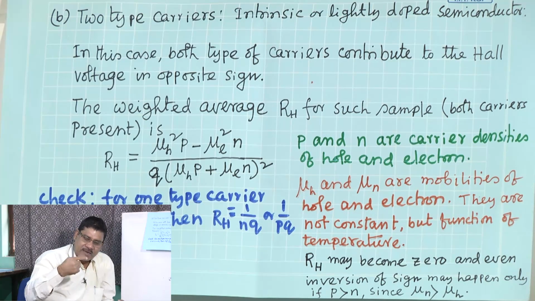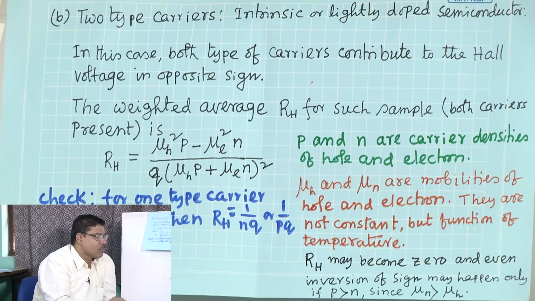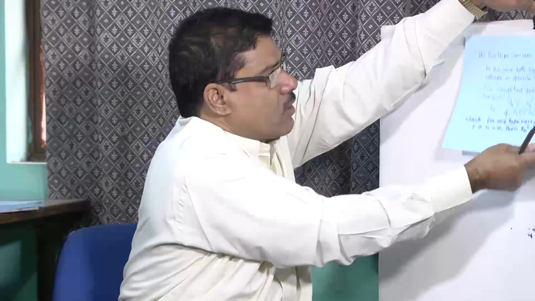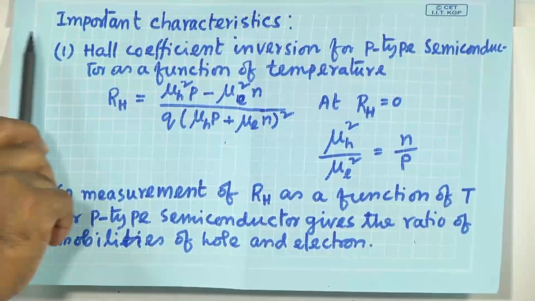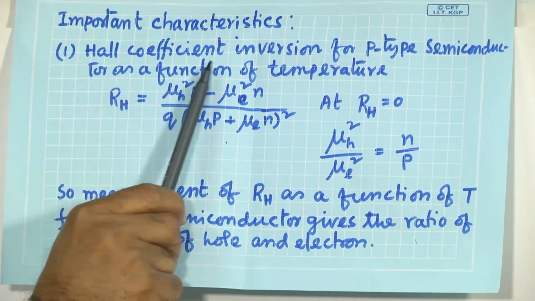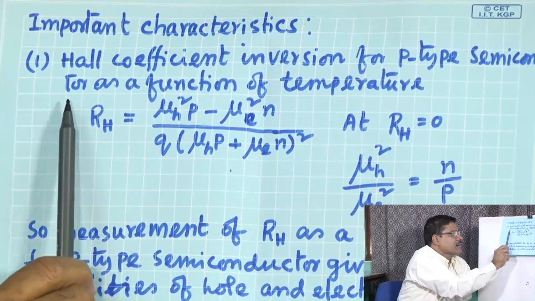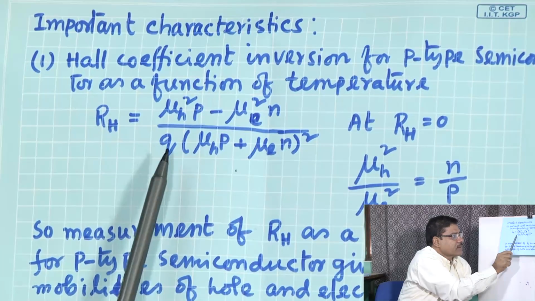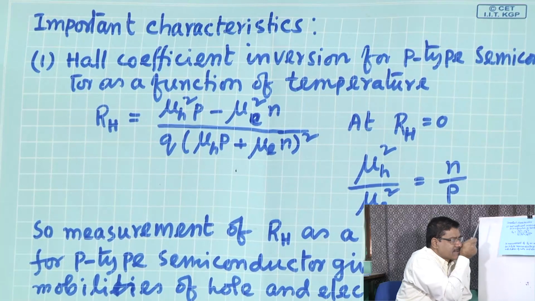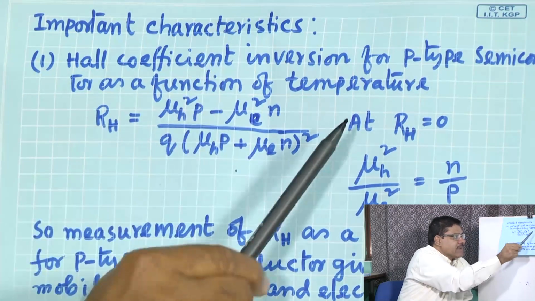So the important characteristics are of that inversion curve, from which you can find out the mobility ratio or the carrier density ratio.